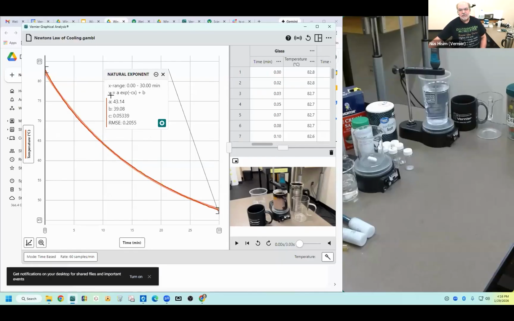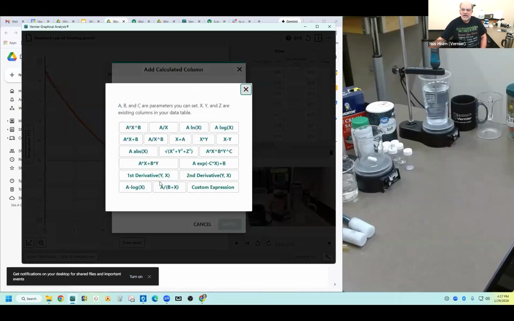X is time, Y is temperature, and then one of them is T zero. I think A is T zero, and B is T of the room. Okay, so that's the B, and then C is this constant. You can linearize this if you want. I did it this morning and it didn't make a whole lot of sense to me, but you can make a calculated column using just the free version and just use the exponential fit, which is here somewhere.